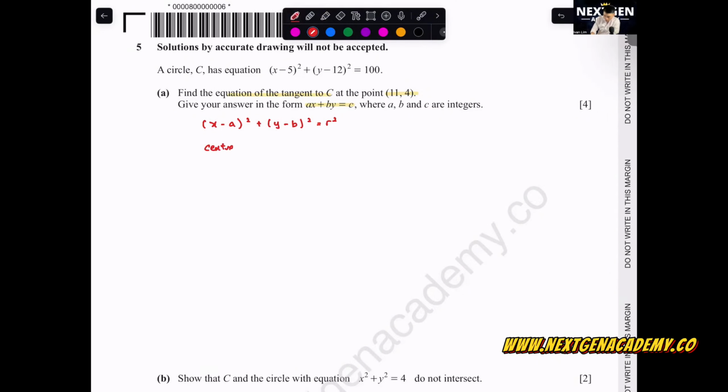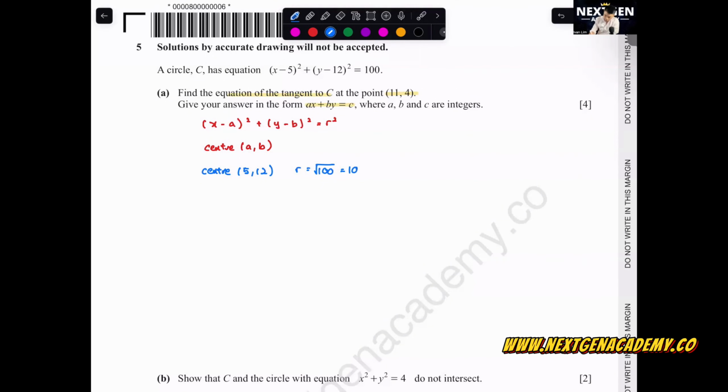Center is a, b. Okay, so center is a, b. Then here is r squared. So what can we conclude from here? The center is 5, 12. r is equals to square root 100. Okay, or you can just write r equals to 10. Okay, we sketch it out first.